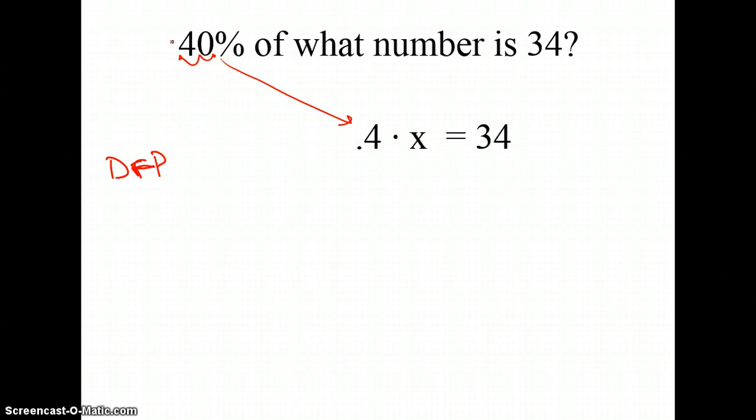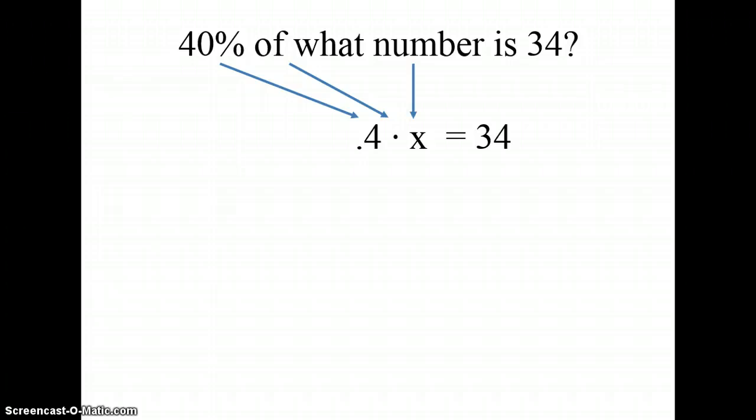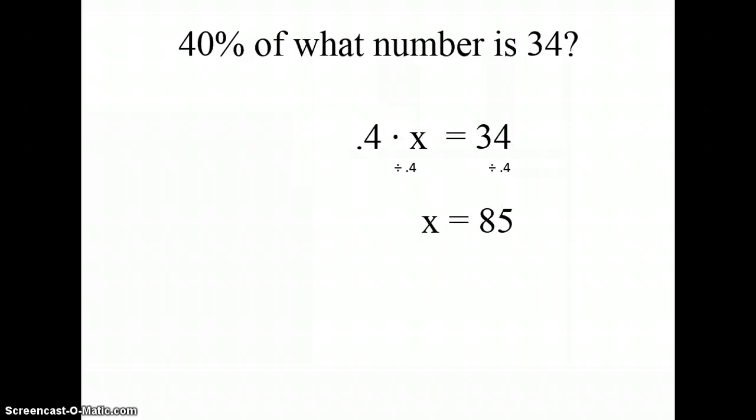So that gives me 4/10, of means to multiply, what number? I don't know. Is means equals, 34. Now I've got a one-step multiplication problem, so I need to divide both sides by 4/10 to get x equals 85. So 40% of 85 is 34.